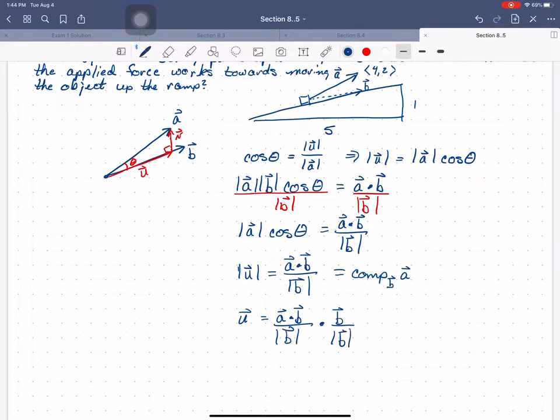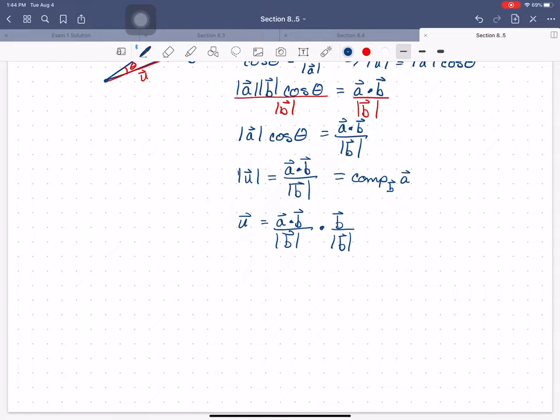So we take b and divide it by its own magnitude. Which means what we end up with is a dot b divided by the magnitude of b squared. All of that, which is a scalar, it's just a number, multiplied by vector b. And your textbook calls this the projection of A onto B.